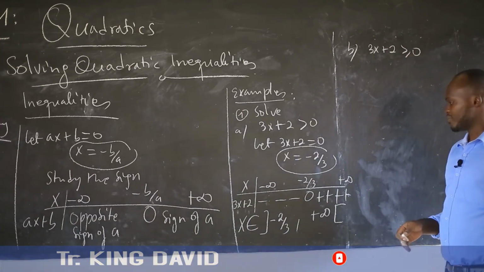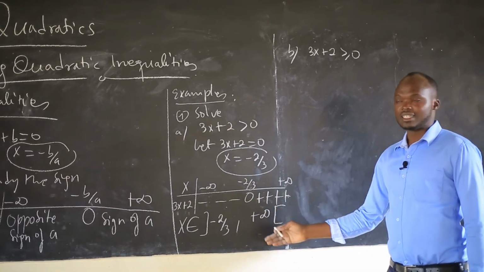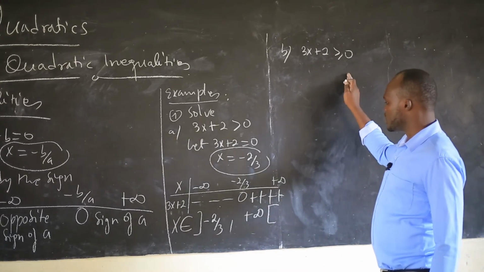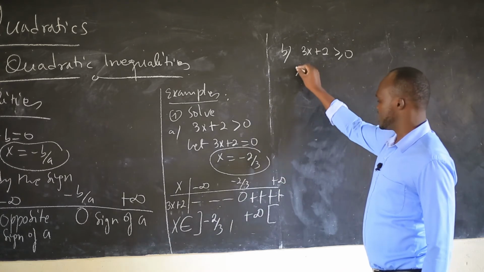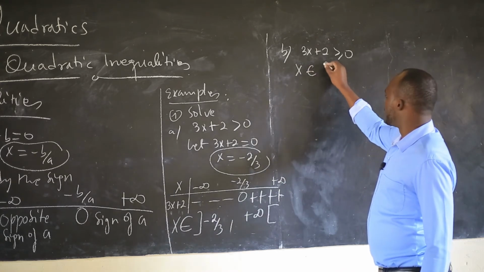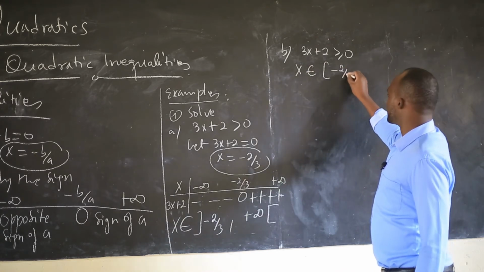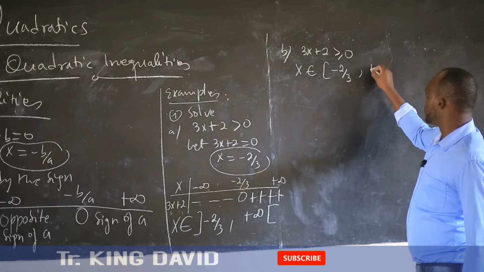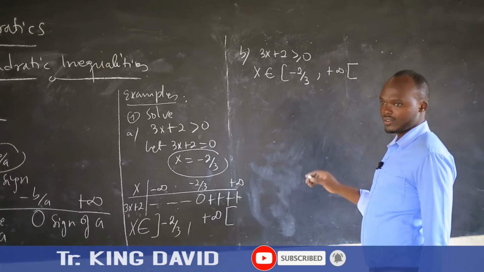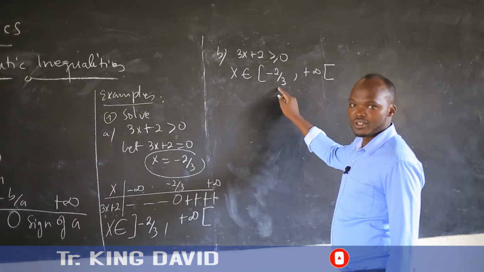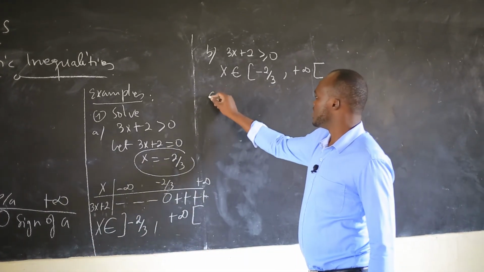It is the same question, so I am using the same standard sign. If it is greater or equal to 0, this value giving 0 is also included. So x also is a member from negative 2 over 3 inclusive to positive infinity. Infinity is always excluded, but negative 2 over 3 is included. So C, let me go to C.